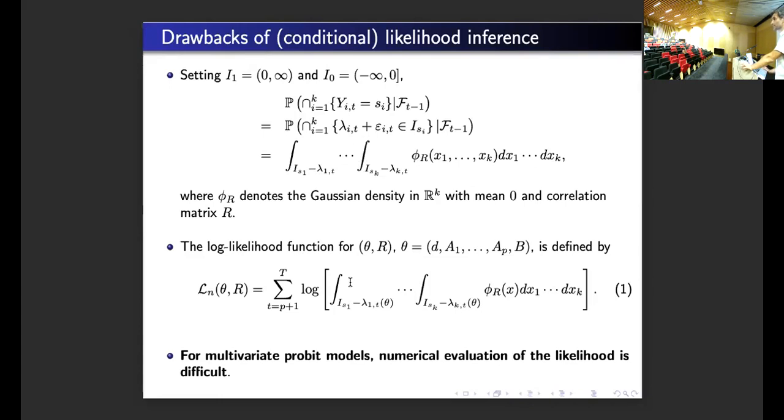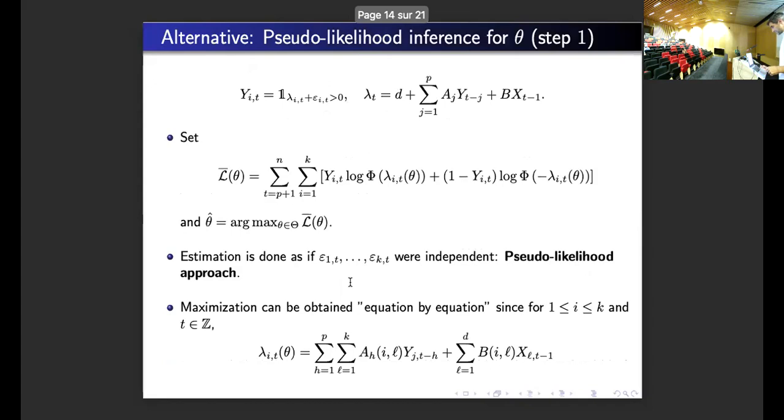I will not use the likelihood, but I will use the pseudo-likelihood method. This is why I asked the question yesterday after the talk, because I use this kind of approach. What we do is first estimate the regression parameters, that is the parameters in the lambda. To do this, we assume that there is no correlation in the noise component, that is in the Gaussian random vector.